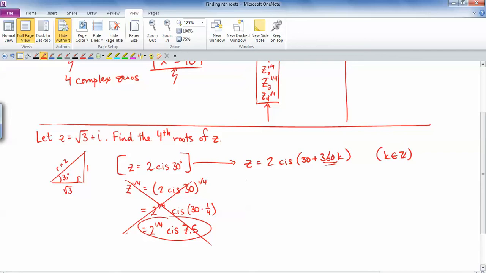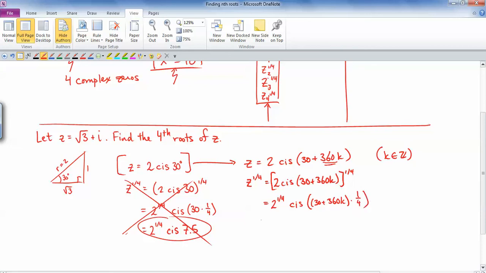So now let's take the 4th root of that. z to the 1/4 equals 2 cis 30 plus 360k all to the 1/4. And now if we use de Moivre's theorem, that turns into 2 to the 1/4 cis 30 plus 360k times 1/4.